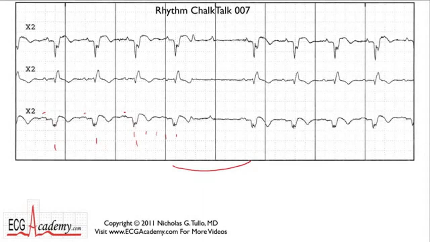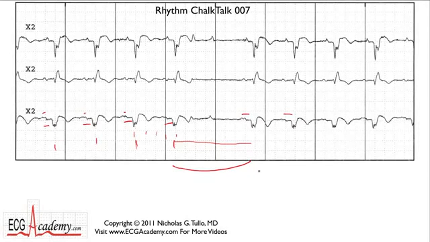We'll get rid of that and start drawing. So we have regular PR intervals that are fixed, and we have an R to R interval, a pause, that's 2 times the previous R to R interval, and then the next PR interval following the pause is the same. Underlying, you've got this bundle branch block.